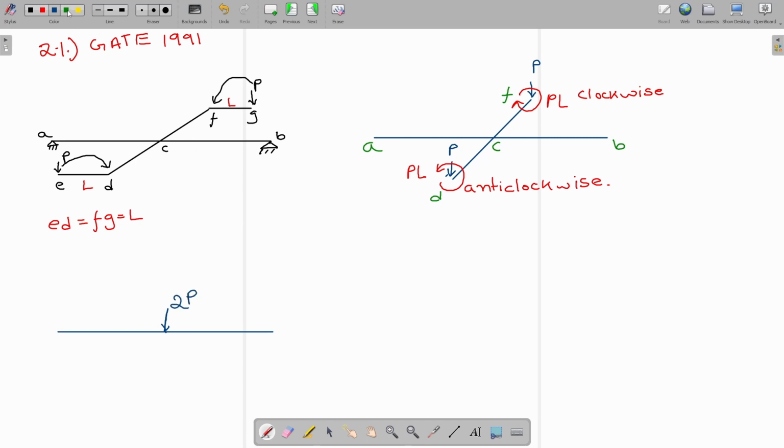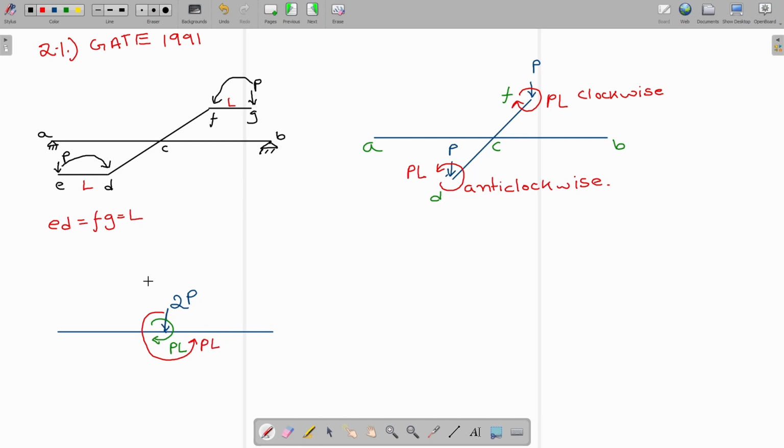Now there are two moments acting. One in the clockwise direction, this is PL, another in the anti-clockwise direction, this is also PL.